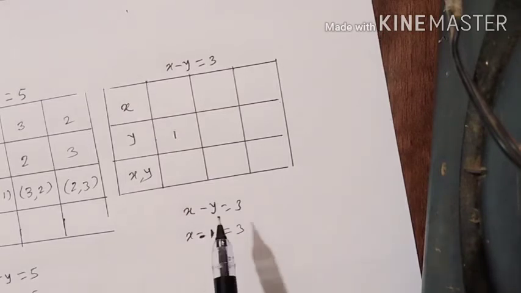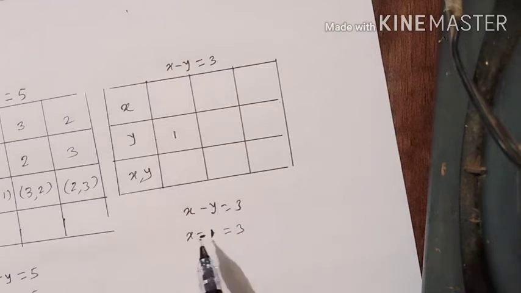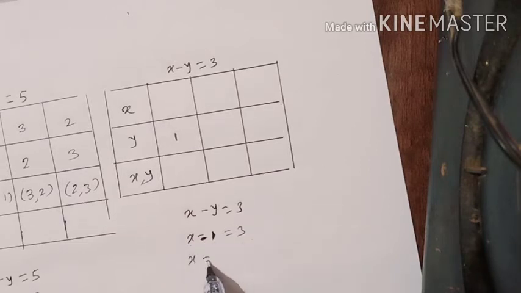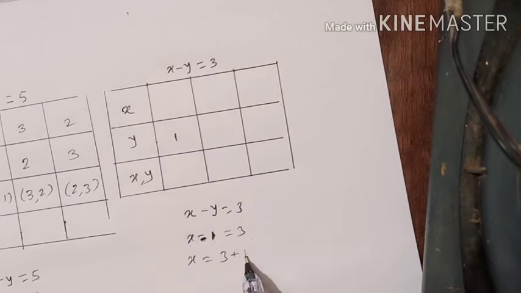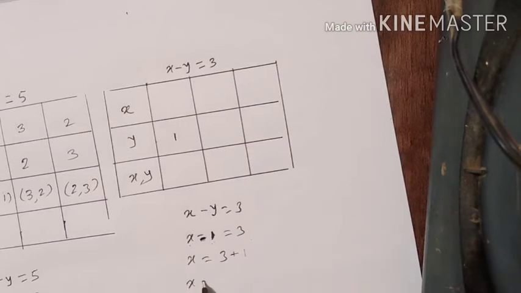See here, I am putting the value of y, and the value of y is 1. Therefore x minus 1 is equal to 3. Now x is equal to 3, and this minus 1 becomes plus 1. Now x is equal to 3 plus 1, which is 4.